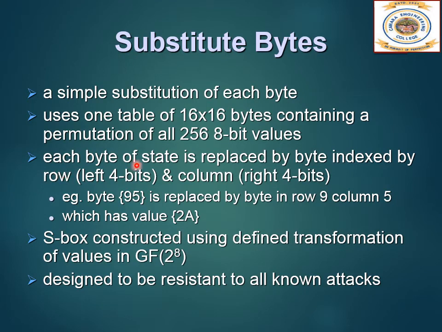Each byte of the state is replaced by the byte indexed by row, that is the left 4 bits, and column, the right 4 bits. For example, if it is 95, then 9 is taken as the row and 5 is taken as the column. How this 2a is got, we have to see the S box table. We will see it later.